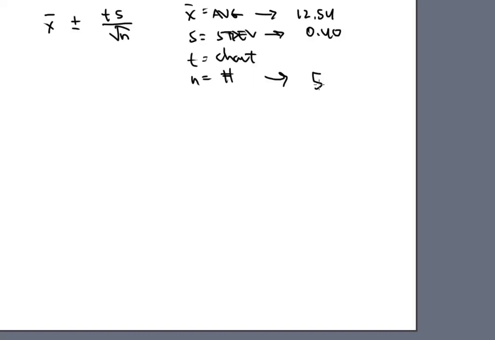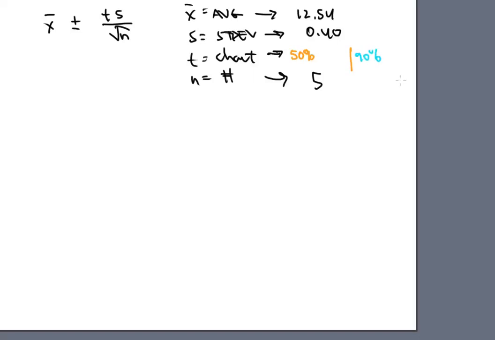Now the question said we got to calculate the confidence interval at the 50 and the 90%. Well, there's a t number for each one of those. So there's going to be a 50%, and I'm just going to write that in a different color. And then there's going to be a 90%. It wants me to do both. I've got to get the t's for both of those.